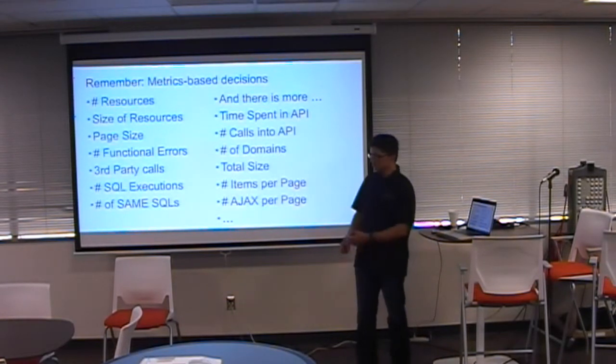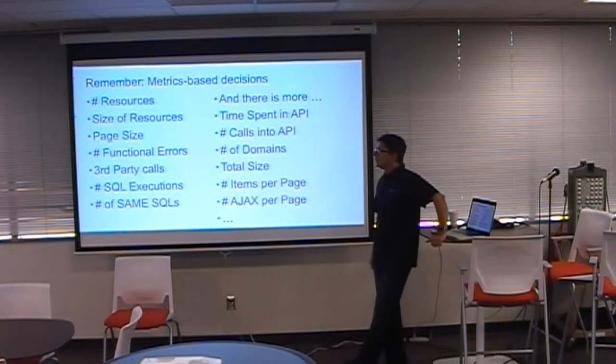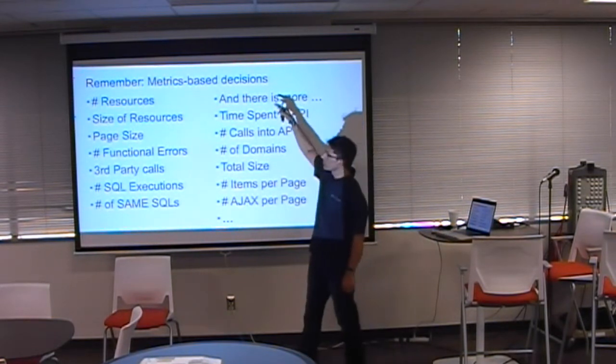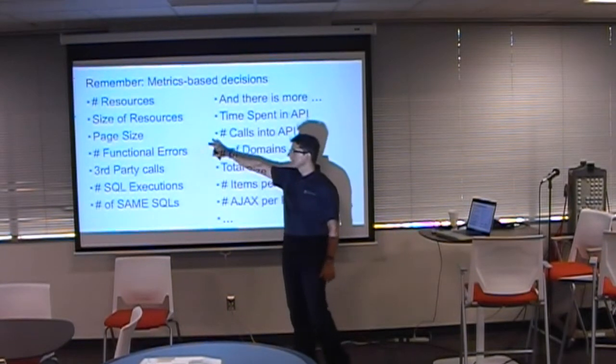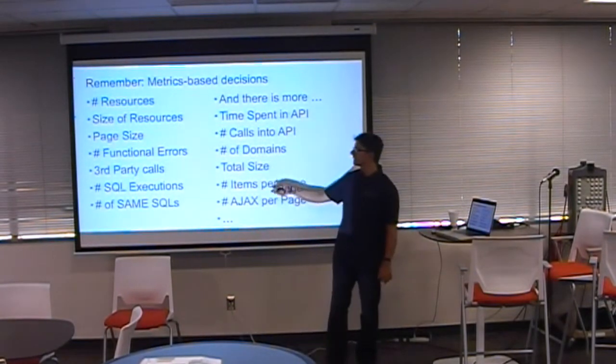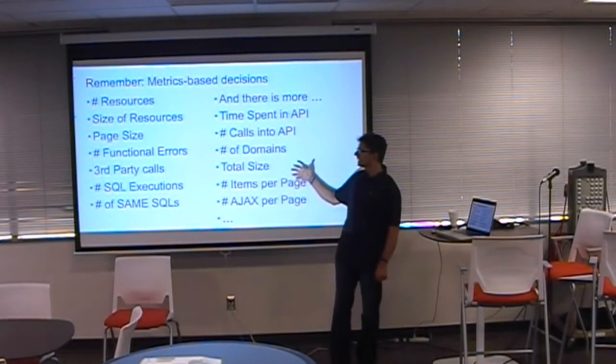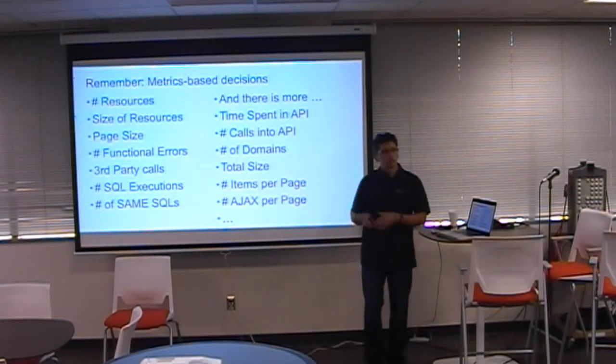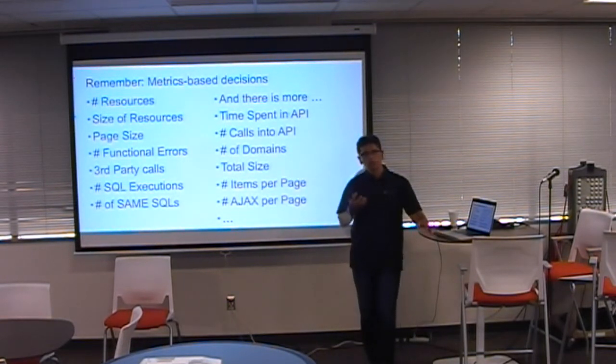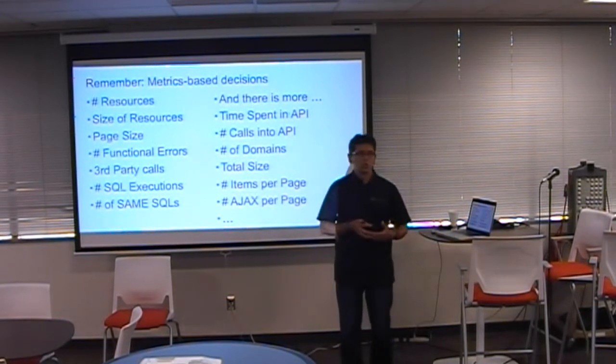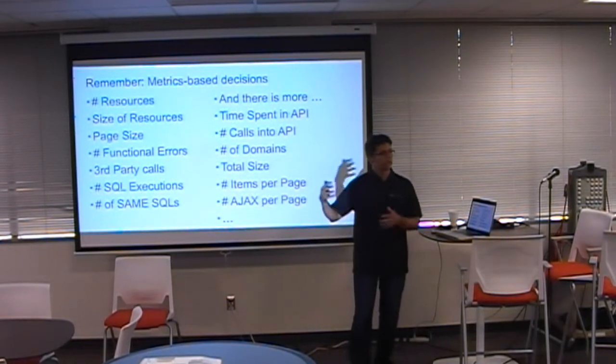Basically, you want to look at the resources that you're using and look at the page size. These are all the things that we see over and over again. What I'm talking about here is two things: look at your front end, your website side, and look at the back end, your database.